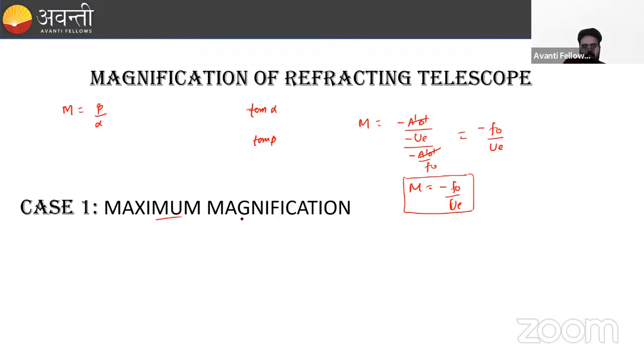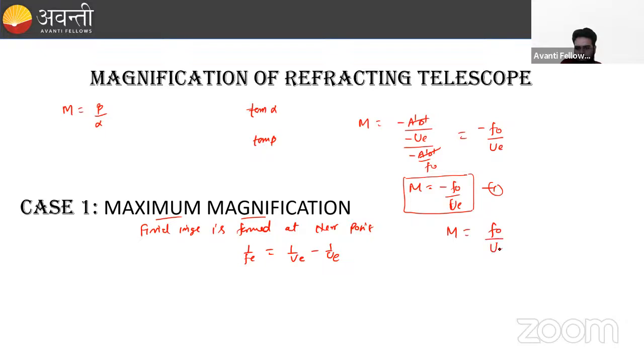In case of the maximum magnification, again we consider that the final image is formed at the near point. If the final image is formed at the near point, we can apply the lens formula, 1 upon f equal to 1 by v minus 1 by u. Say this is equation number 1. If we are only interested in magnitude, we take fo upon ue.